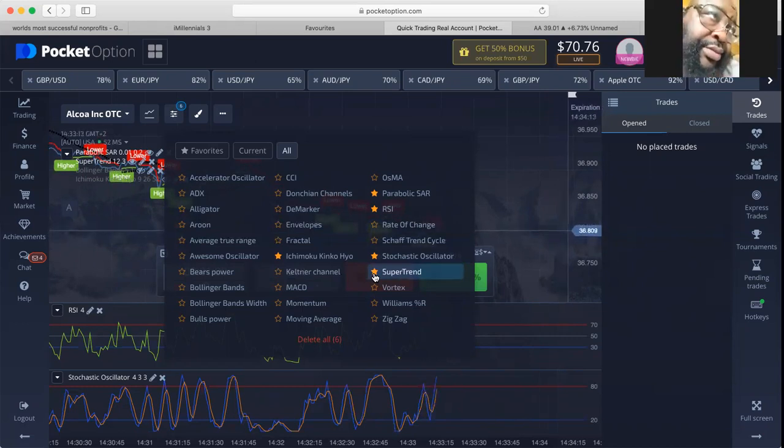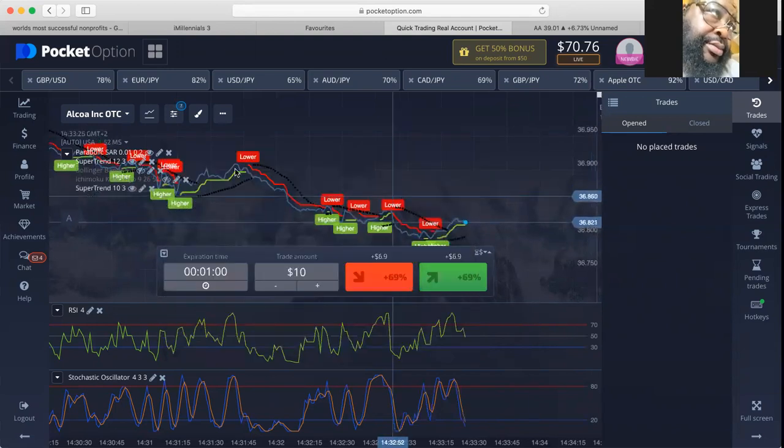I started it. Okay, so you started it and then you clicked on it. Yep. These are the settings for the super trend.